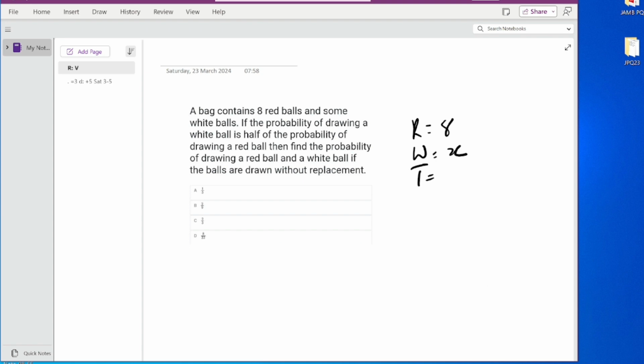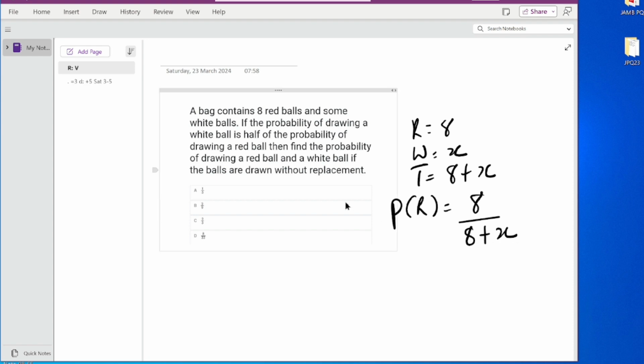The total number of balls will be 8 plus X. So the probability of drawing a red ball, P(red), will be 8 over 8 plus X. That's the total number of red balls over the total number of balls, which includes both the white and the red balls.